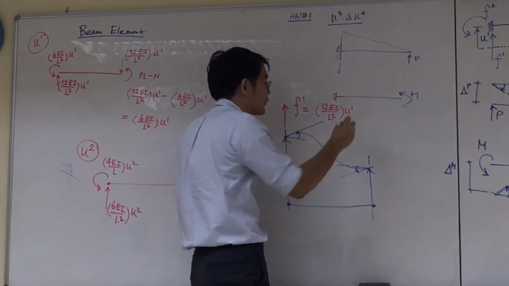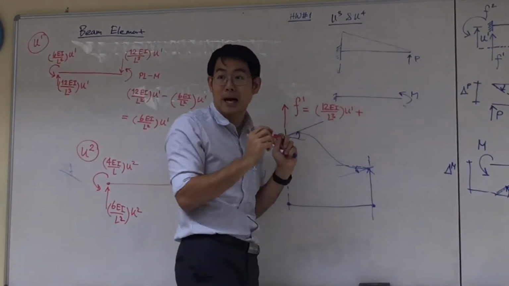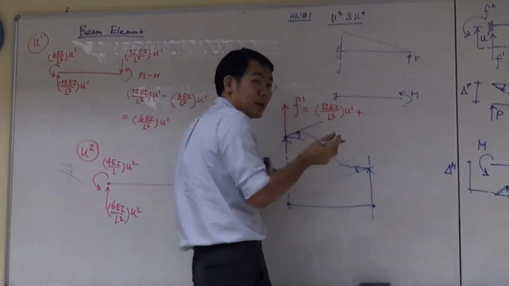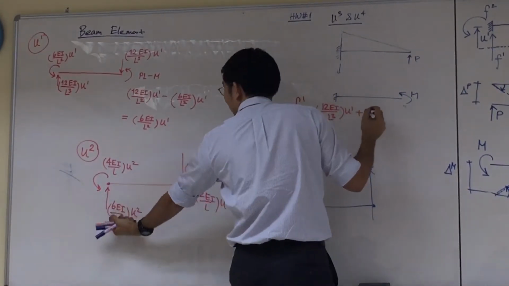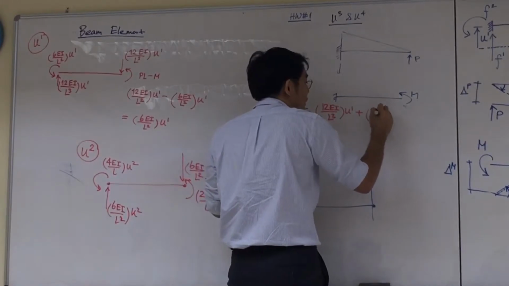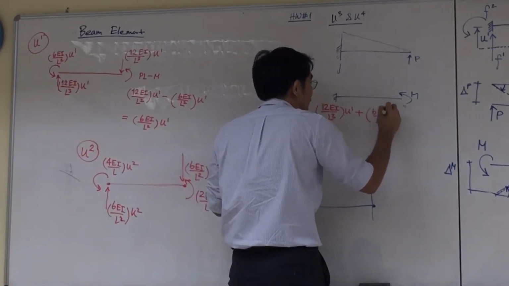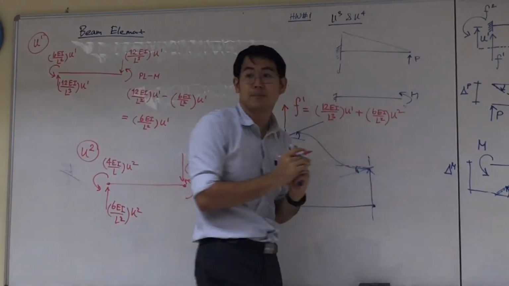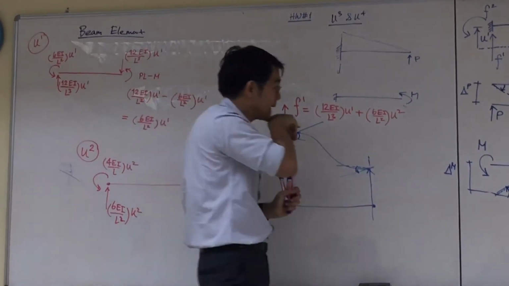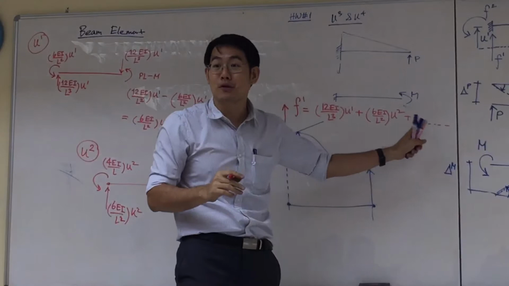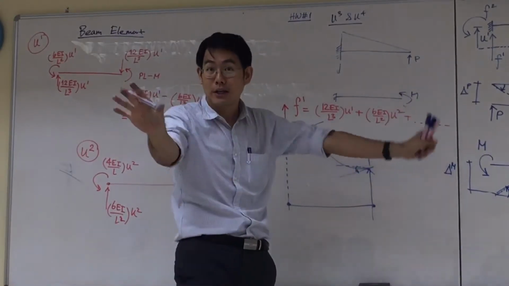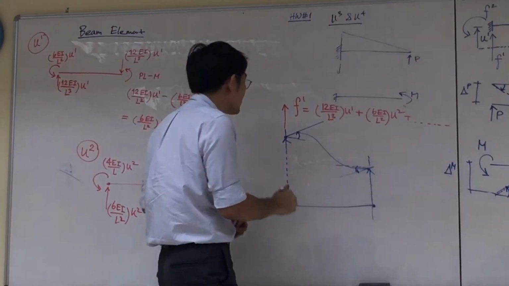But F1 is also affected by the rotation U2, which produces 6 EI over L squared U2, and then the effects from U3, U4. The U3 and U4 is in your homework.